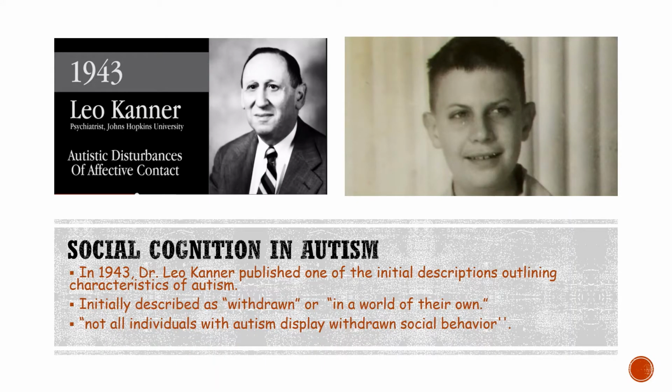In 1943, Dr. Leo Kanner published one of the initial descriptions outlining characteristics of autism he observed. Since that time, what was initially described as withdrawn behavior or "in a world of their own" evolved to more enlightened descriptors, such as not all individuals with autism display withdrawn social behavior.